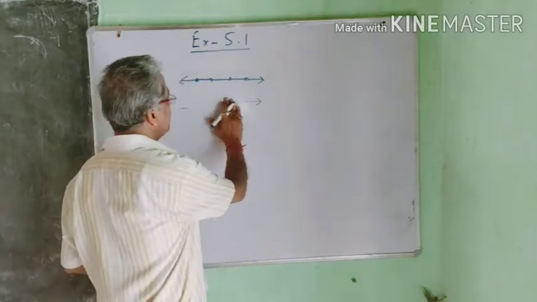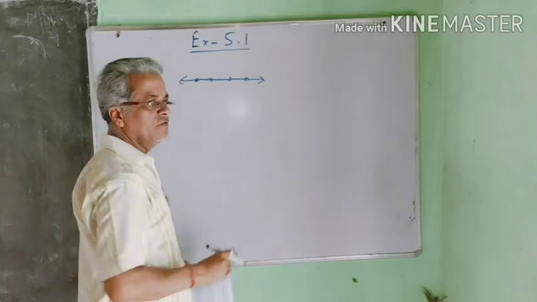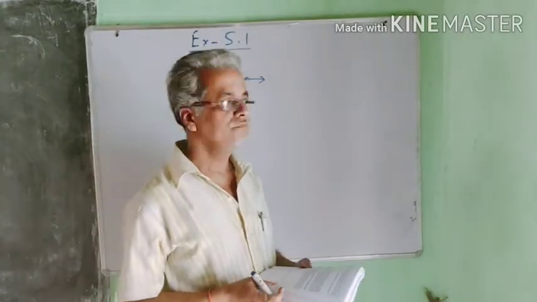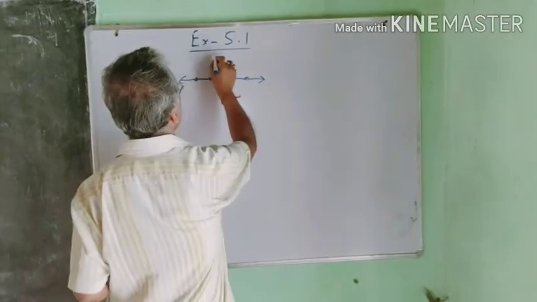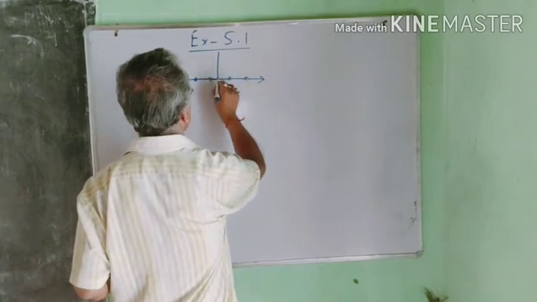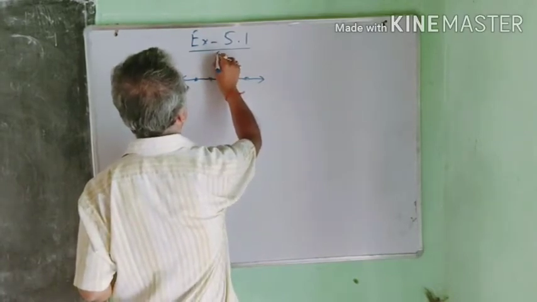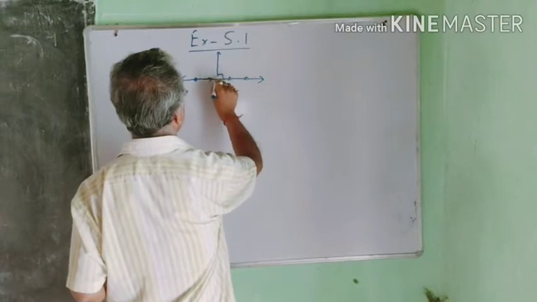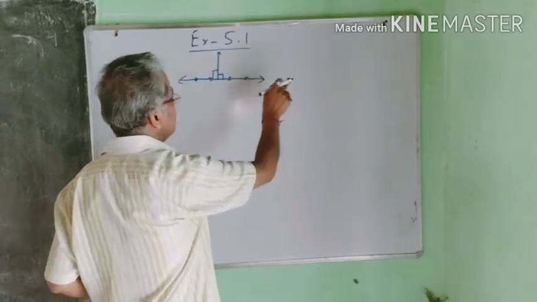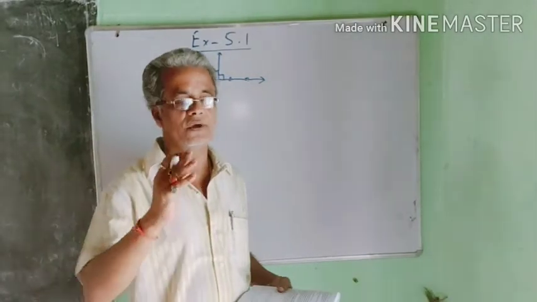And if a line falls on another line to produce a right angle on either side, then the lines are said to be perpendicular to each other.